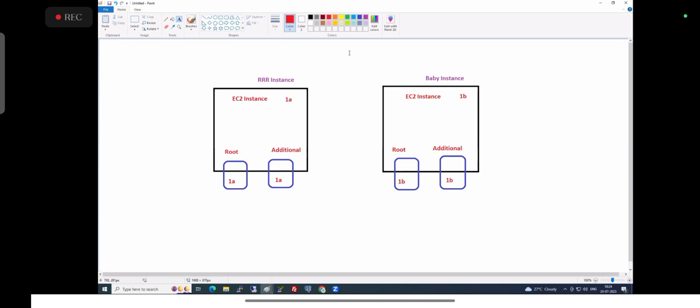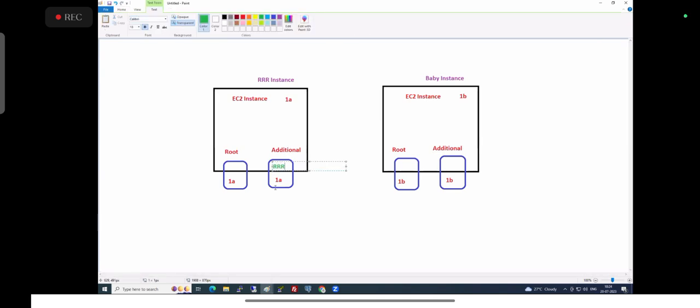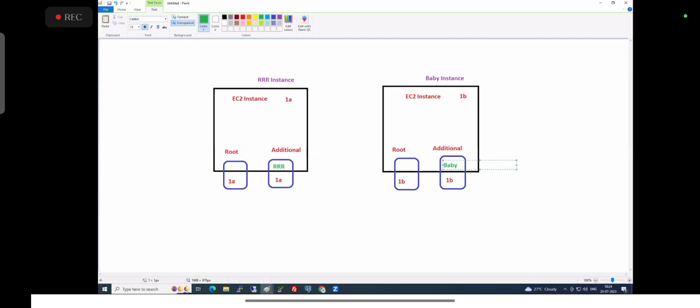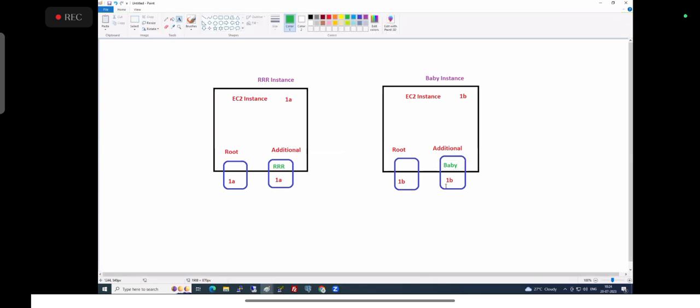I have a triple R movie here in this D drive, and I have the baby movie here. So you have the triple R movie in the D drive and the baby movie here.